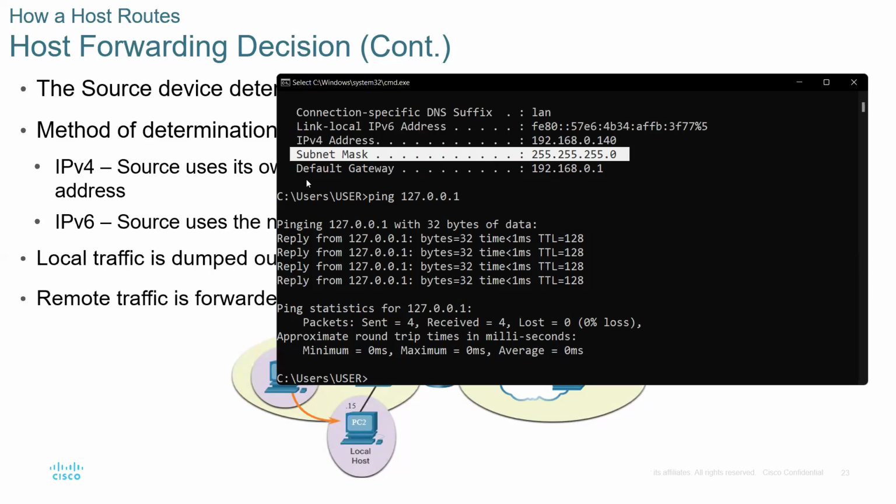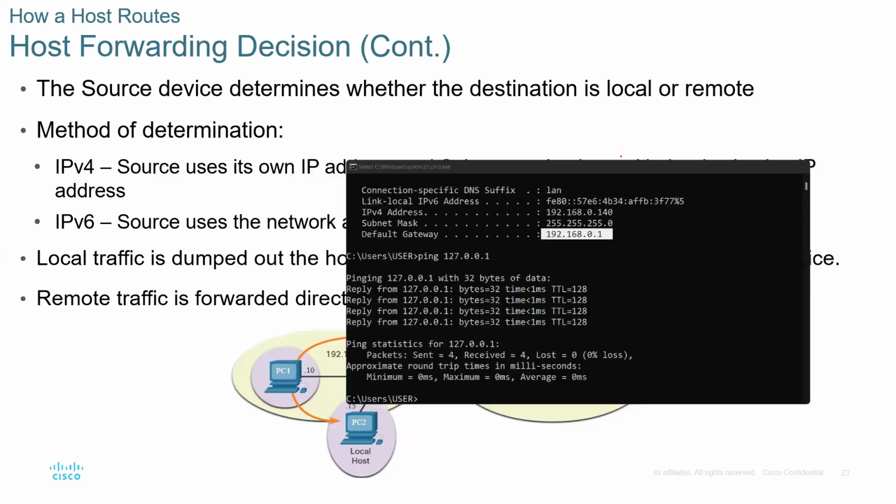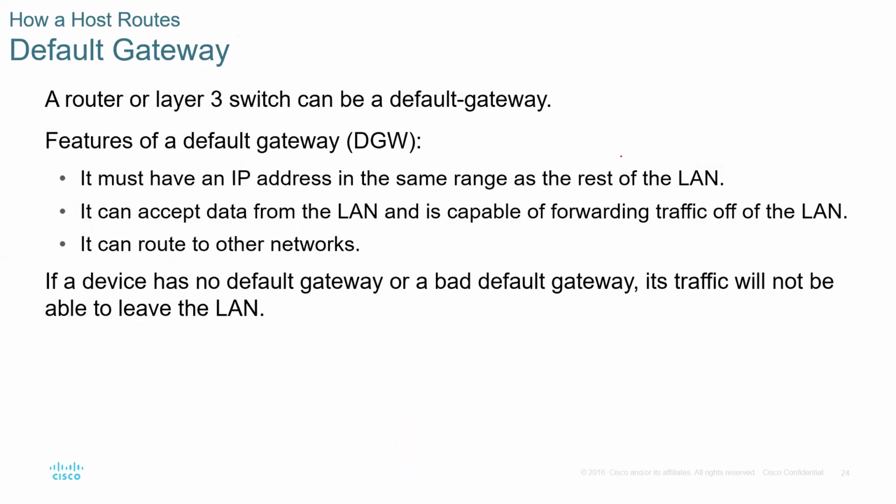Then it gives you the default gateway. The default gateway is the door through which you forward traffic whenever you are going outside your local network.